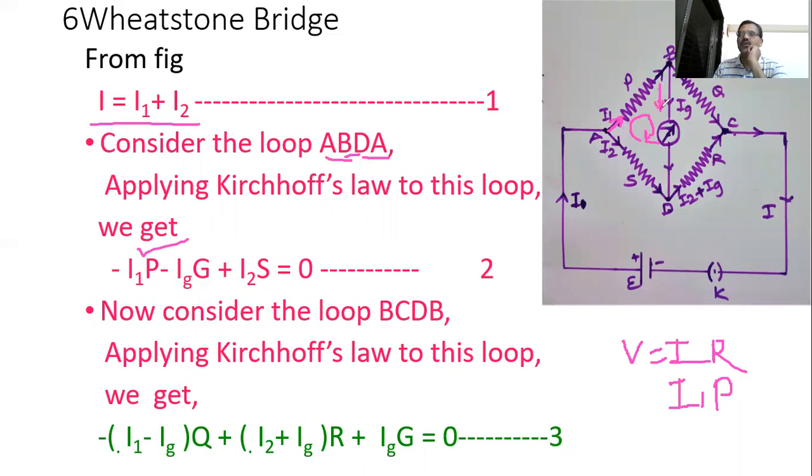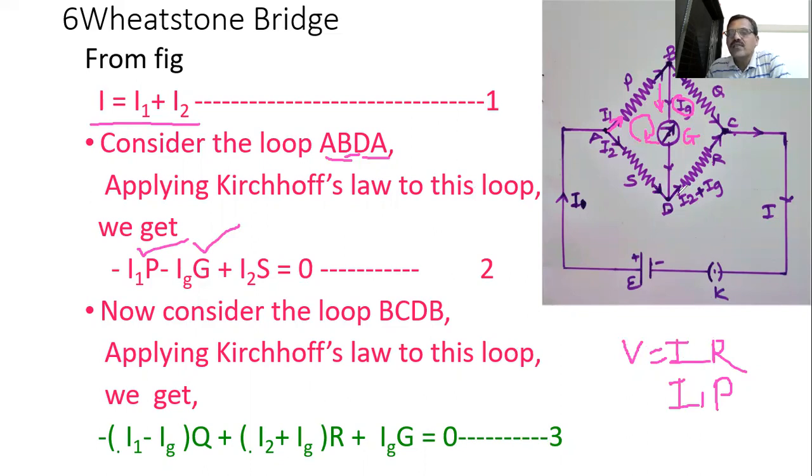Therefore, the potential difference across this galvanometer, by the formula I into R, with current Ig and resistance G, is Ig into G, and it is negative.